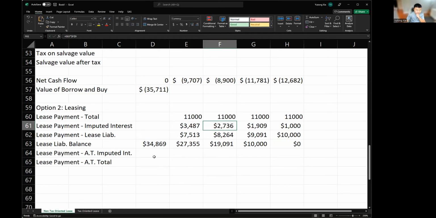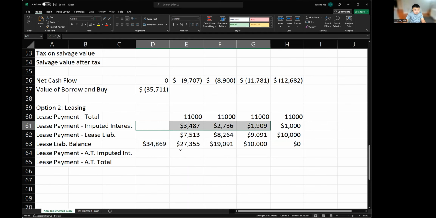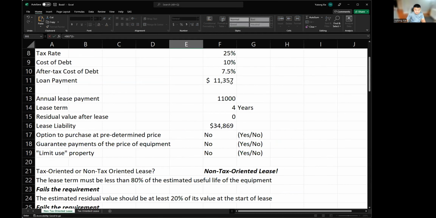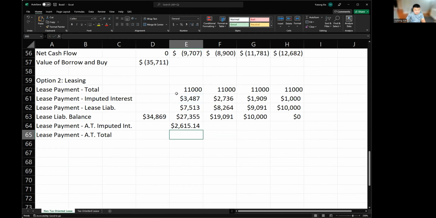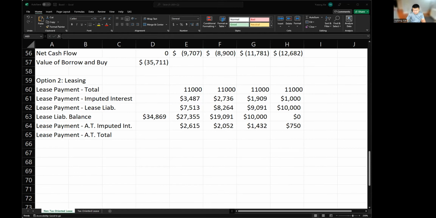Okay. So then the payment towards liability is not going to be tax deductible, but the payment towards the imputed interest will be tax deductible. So it's going to be the same idea. The imputed interest multiplied with 1 minus the tax rate, 25%, F4, parentheses, copy and paste, right, like that.